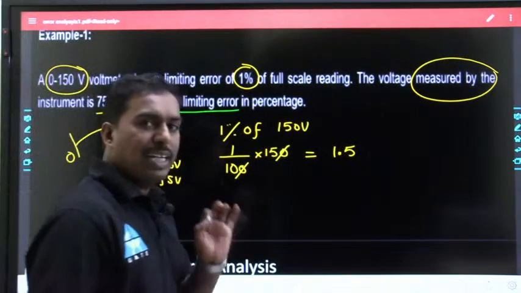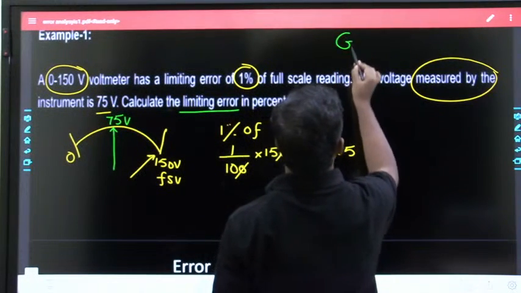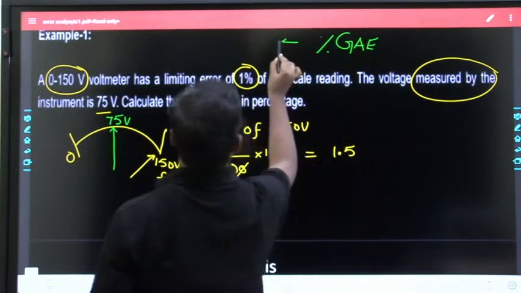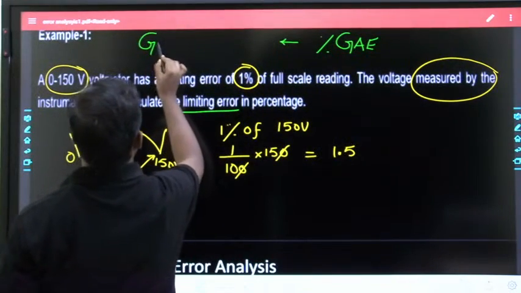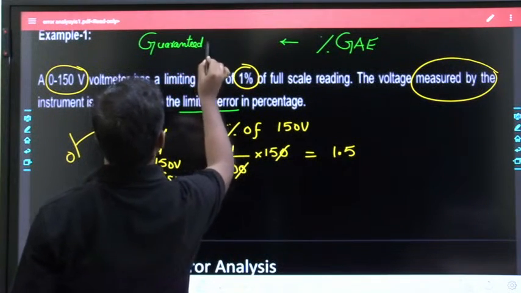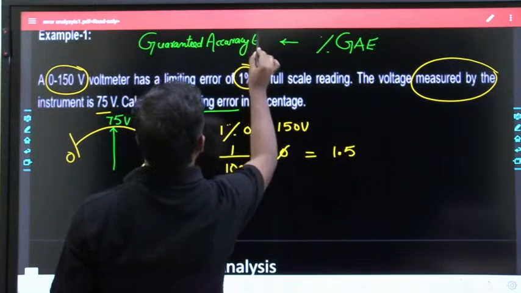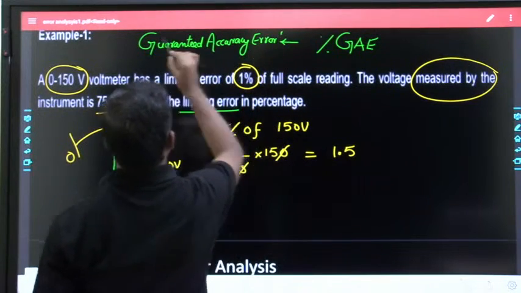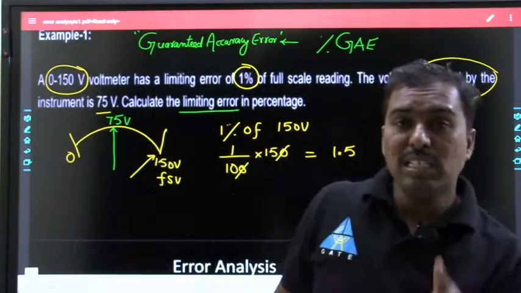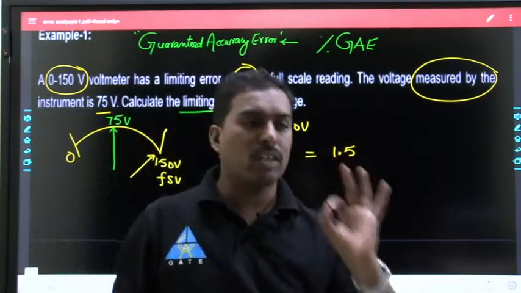Dear student, if error is expressed over the full scale, that is what we call percentage of GAE, guaranteed accuracy error. If the error is expressed over the full scale, then it is called guaranteed accuracy error.